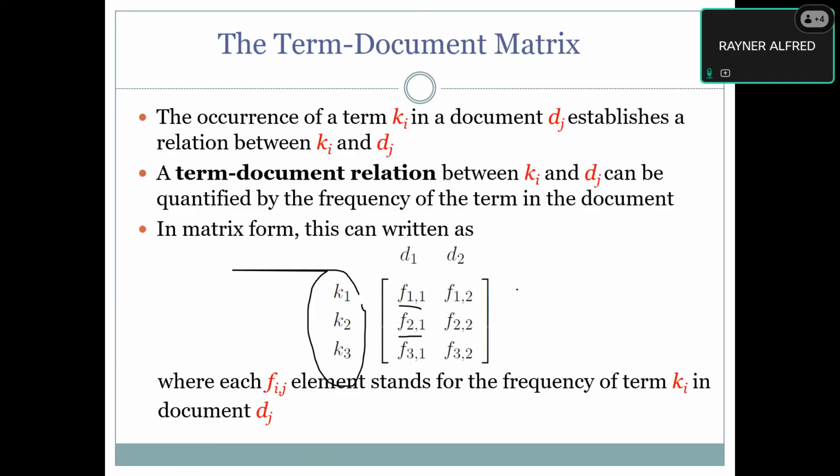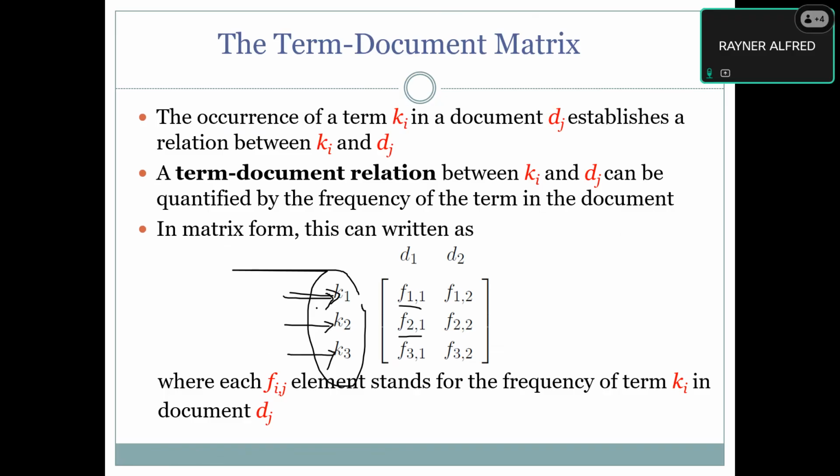So we can use this matrix to compute how these keywords correlate to each other. For example, every time keyword 1 exists, keyword 2 also exists. So we can find that out. Or every time keyword 3 exists, keyword 1 also exists. So this is the term correlation.